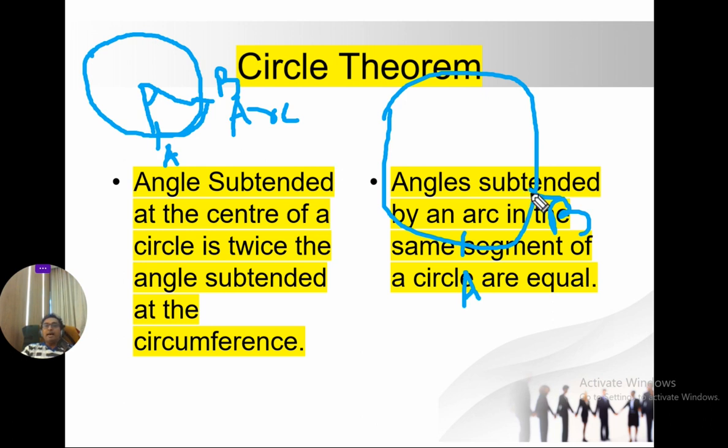Now, from the arc, we will subtend angles on the circumference, that is, on the other part of the circle, which is the major arc. From A, at any point, we can subtend an angle by the arc.